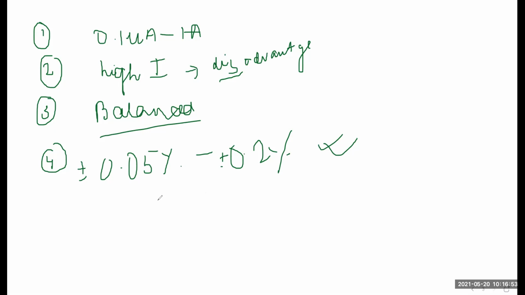So outer means the outer resistance, 100 ohm and 1000 ohm. Outer arms, I am writing in short form: one is P, one is Q. P you can take 100 ohm, and capital Q you take 1000 ohm. So these are the two outer arms.